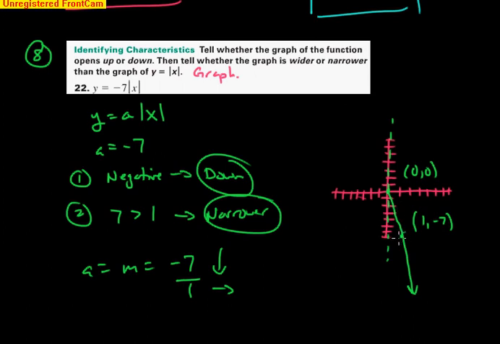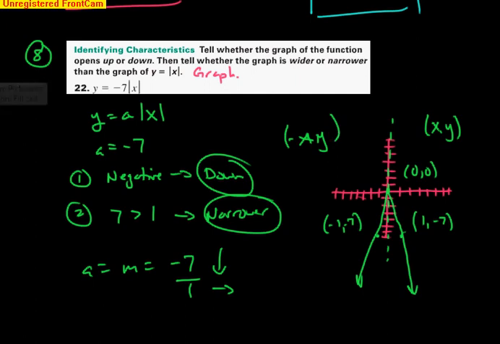So if I take this point and just go straight across, I'll get the same exact point. Well, this is 1, -7, so that's going to be -1, -7, right there. And there's the left side. And again, remember, if the point x, y is on your graph, then the point -x, y is on your graph. And there's the graph of this absolute value function, opening down, and it is much narrower.